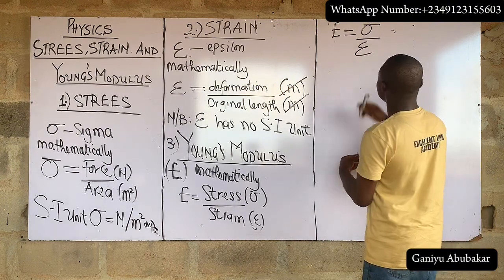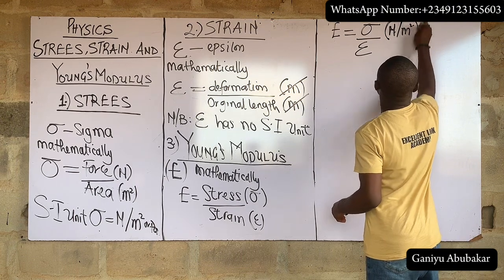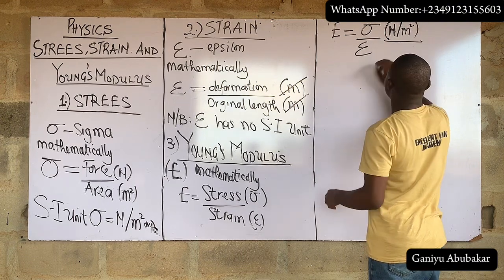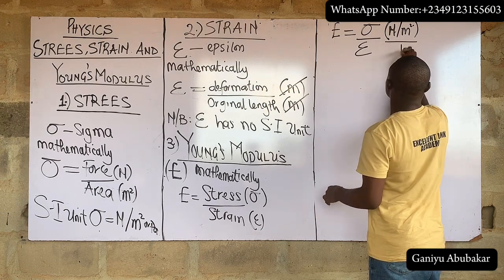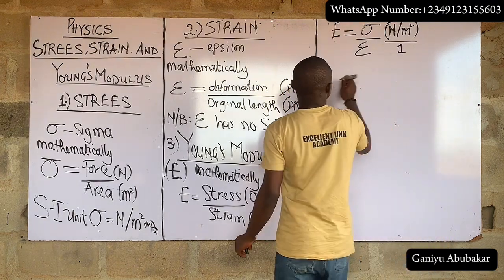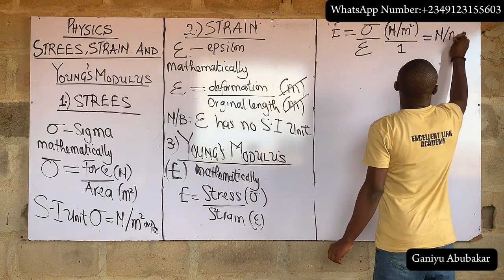By the way, we said stress is in Newton per meter squared over strain, which has no unit. So let's say over 1. This divided by this will still give me Newton per meter squared.